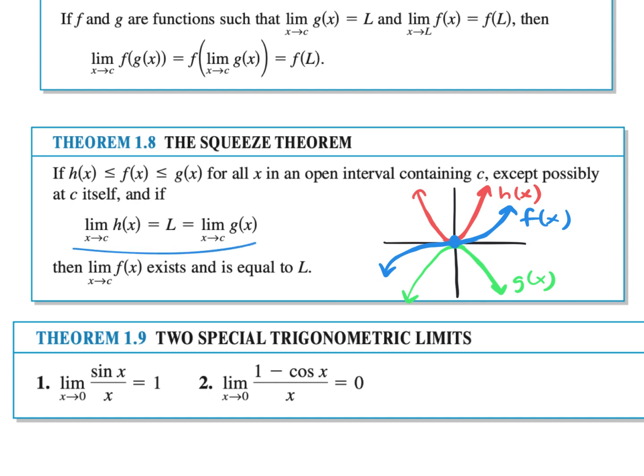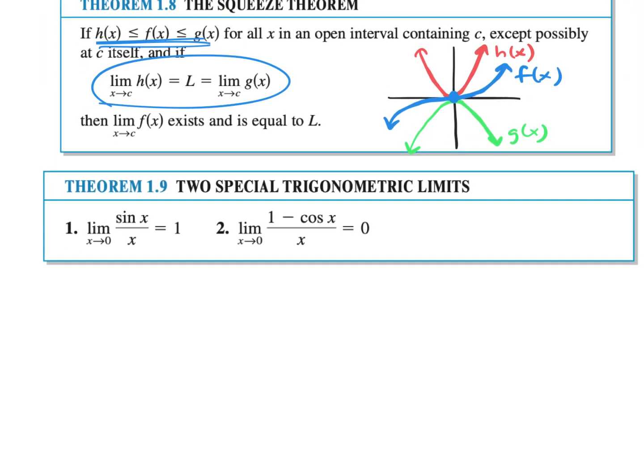So that's what this notation here and here is saying. Let's do an example, though, and it will make more sense. But the basic idea is you're given two functions outside of each other, and then the function inside, as you're approaching some value, is going to get squeezed to the same value, okay?